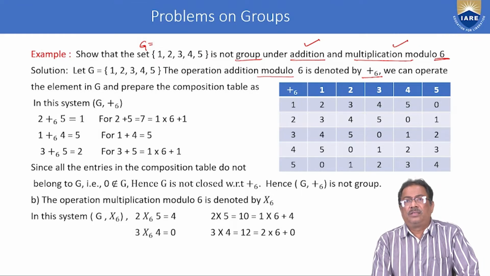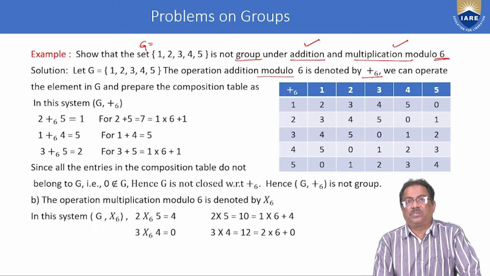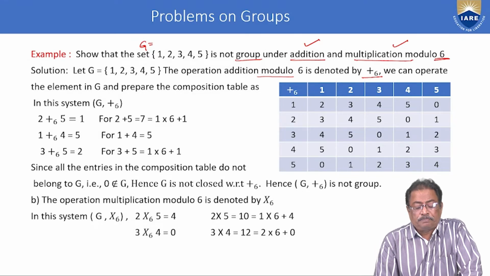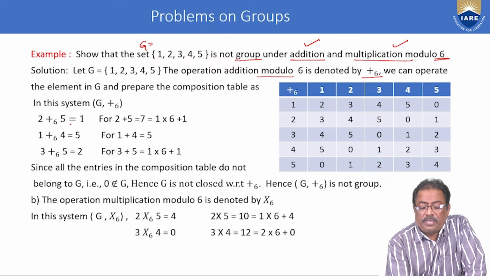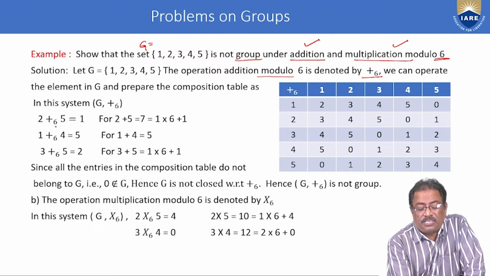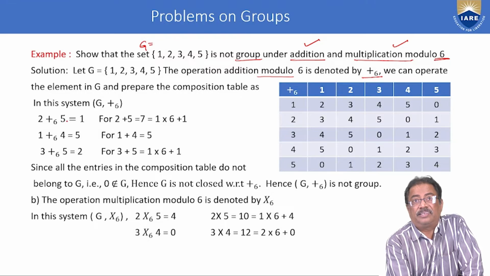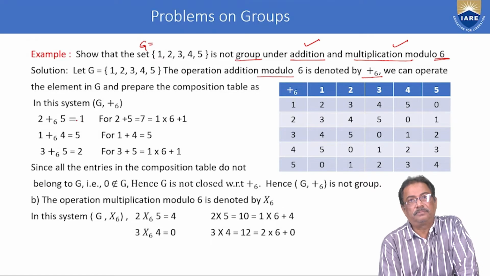So first of all, what is a modulo 6 operation? Here, A plus B under modulo 6: if I add these two and the result is greater than 6, then 6 is going to be subtracted.